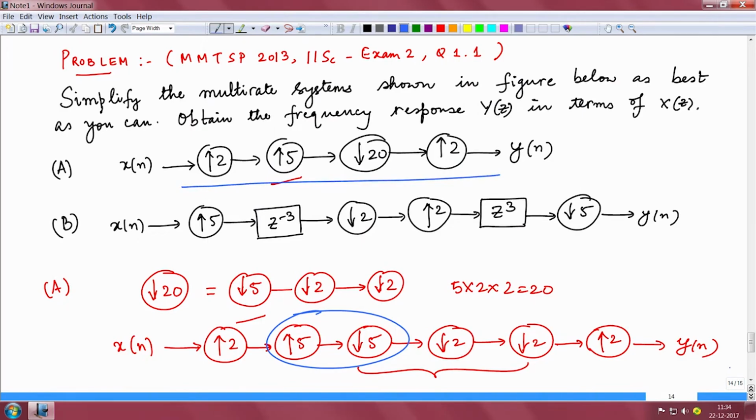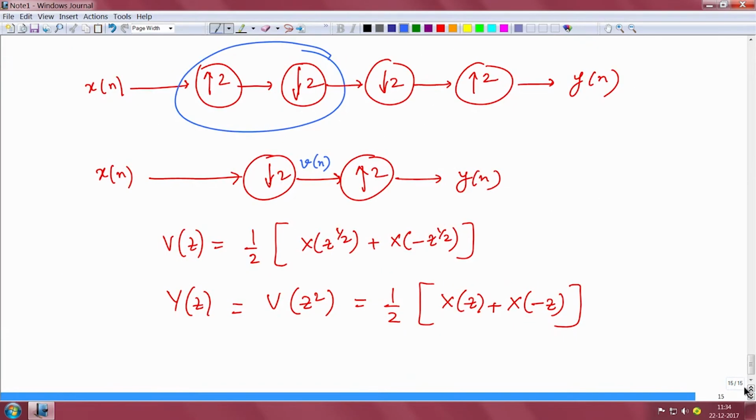Now continuing with part B of the question.